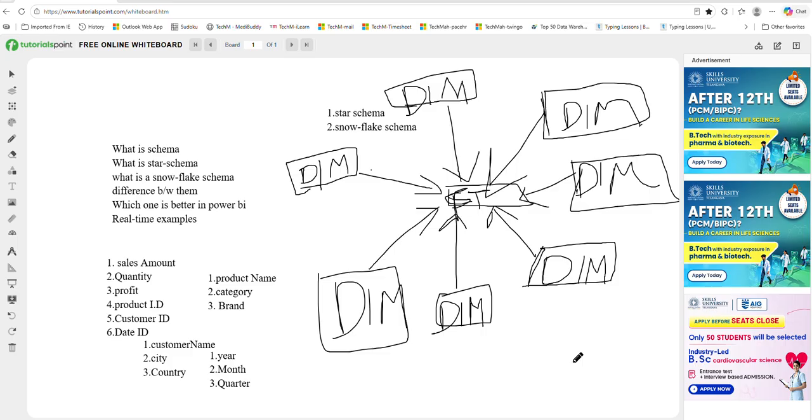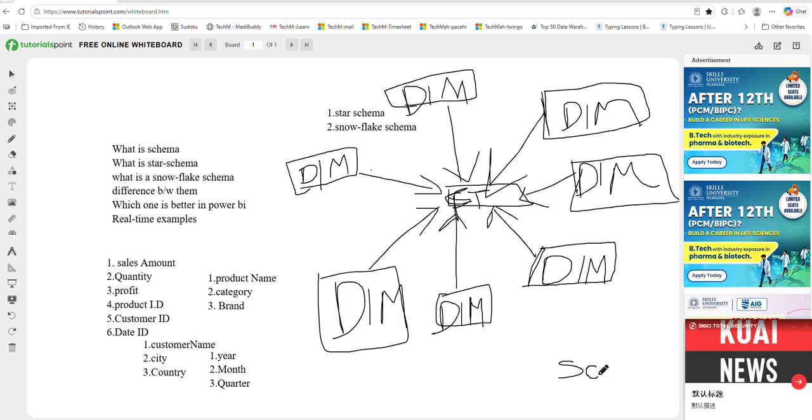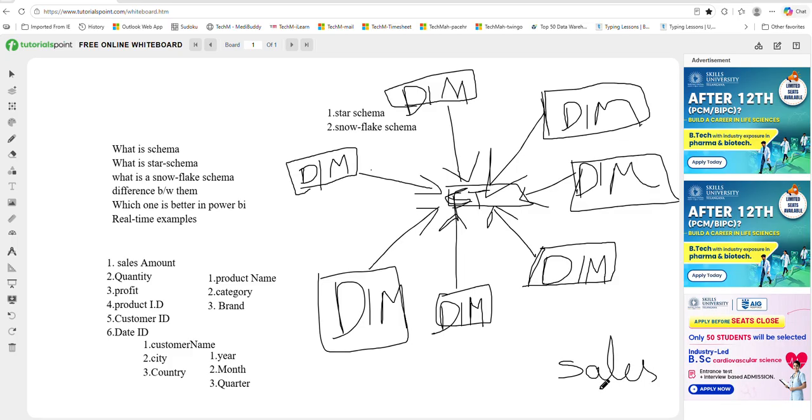In the center, in the middle, we can write sales.